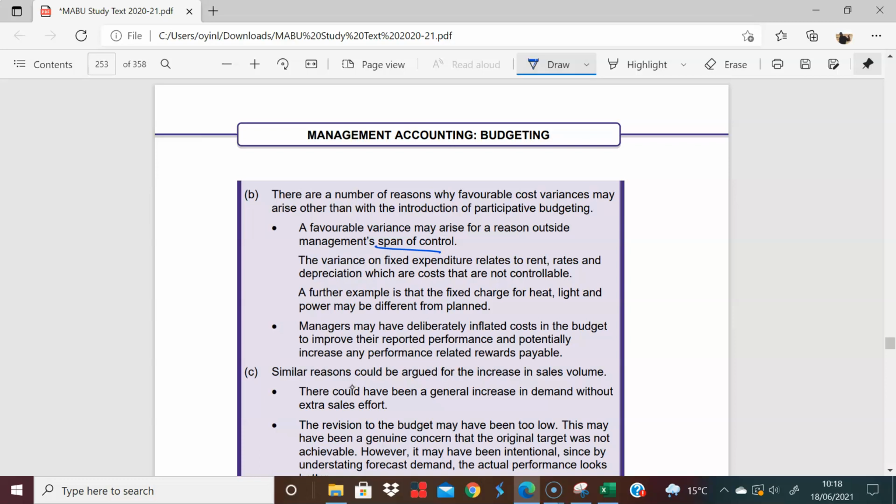They actually do a bit of analysis on the breakdown of what's going on here. So the variance on the fixed expenditure relates to rent, which is not controllable. So maybe you got a new deal because you actually paid 38 instead of 40, because that's still the fixed cost of 40.